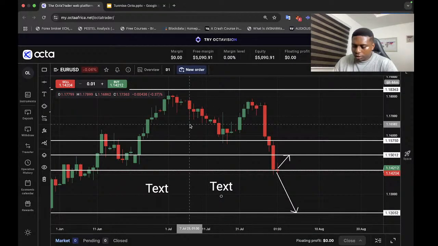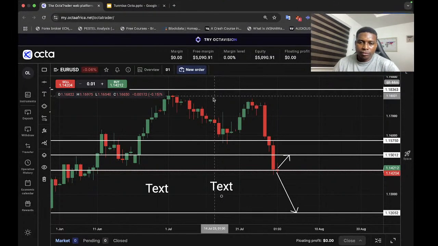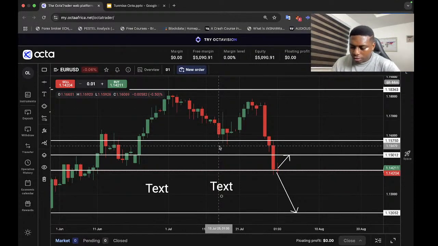So the higher the time frame, the more significant the level. If you get what I'm saying, drop a comment. I need somebody to drop what I just said in the chat box.